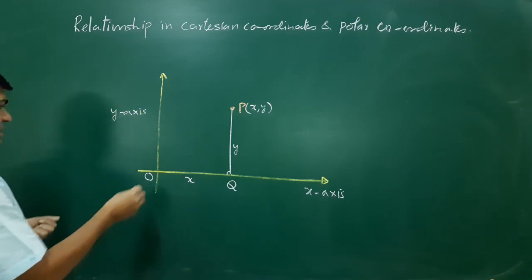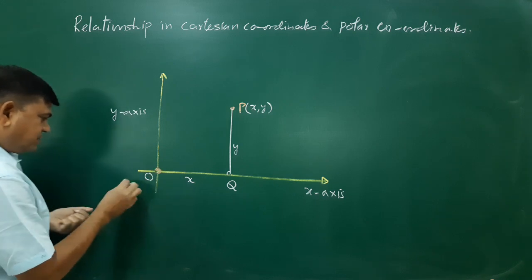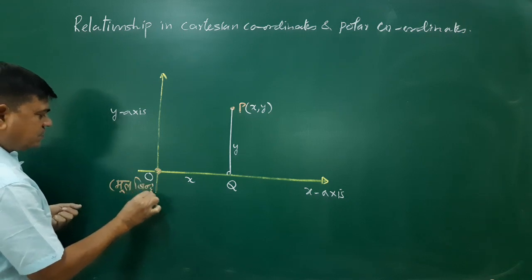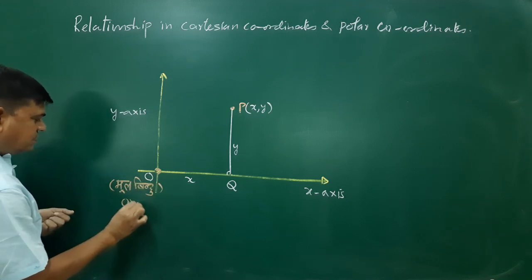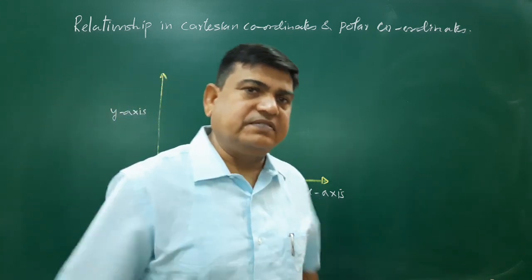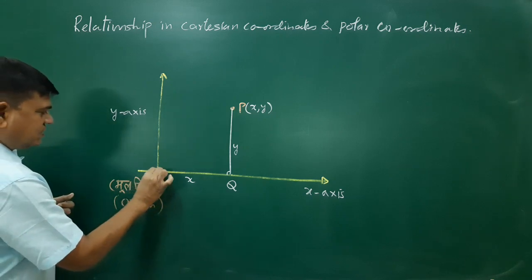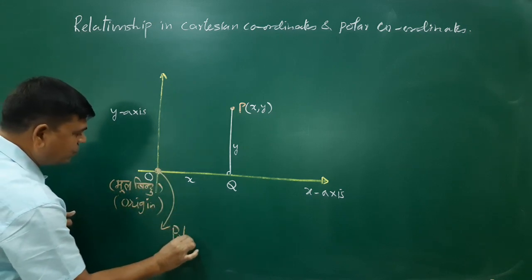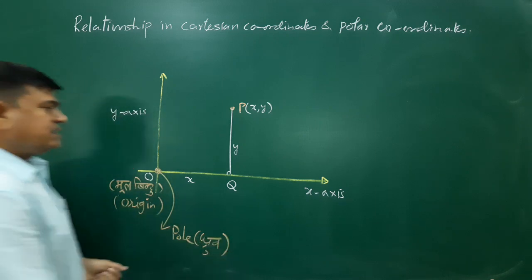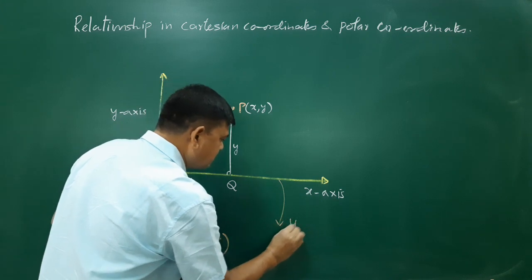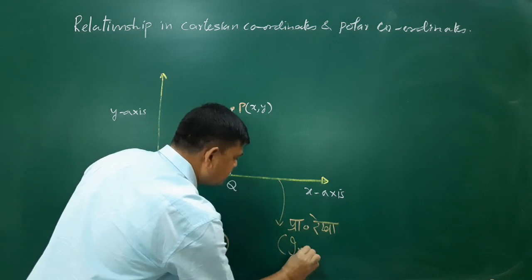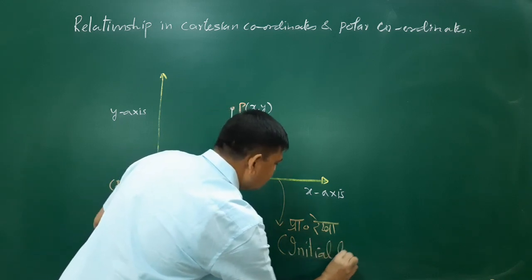Now, this point is the origin. On the same graph, on the same plane, I consider this point as the pole, and this line as the initial line.